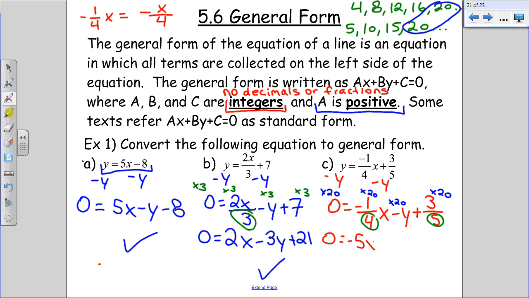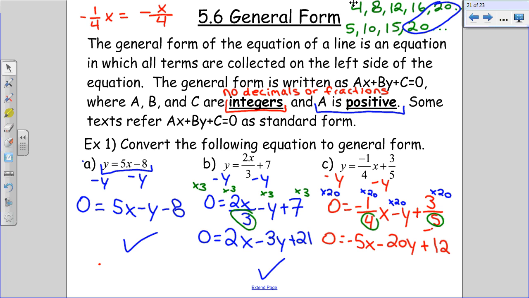I did negative 1 times 20 divided by 4. Then it becomes negative 20y, and then it becomes plus. Again, with this one, I'm going to go 20 times 3 divided by 5, which should give me 12. We did that to get rid of fractions because general form can't have fractions.